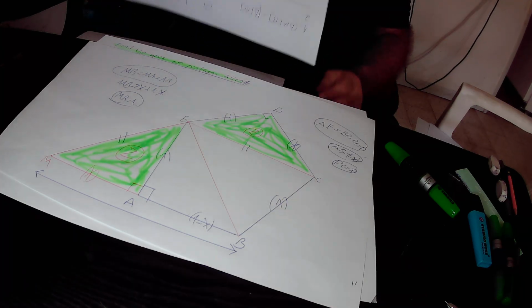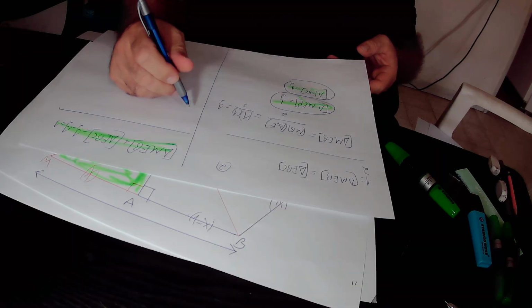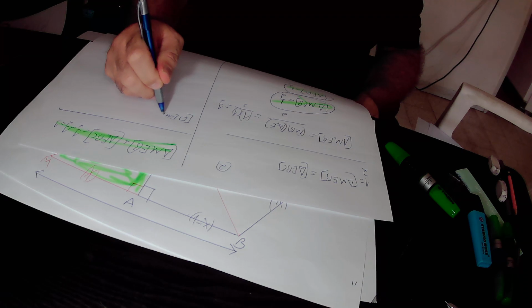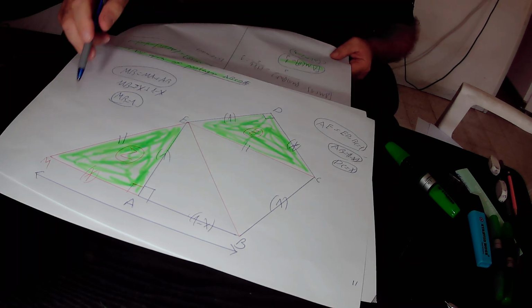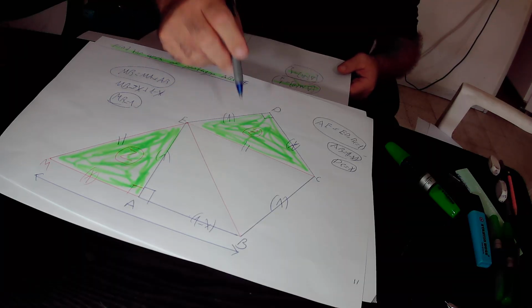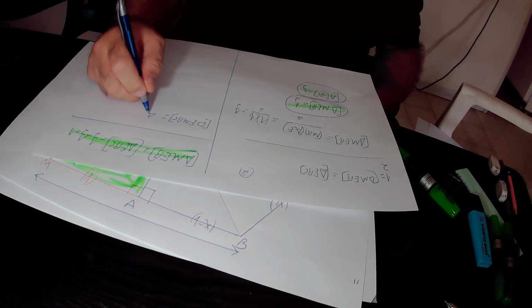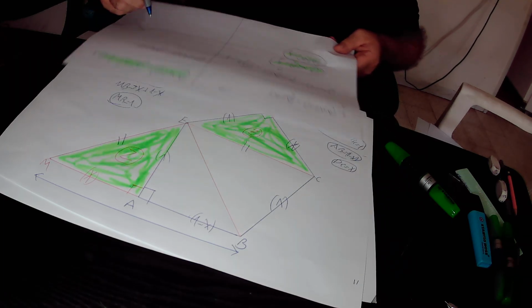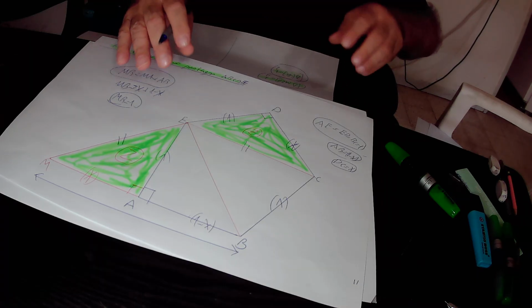That is to say, the area of the big quadrilateral EMBC will be equal to the area of this triangle MEB plus the area of triangle BEC.